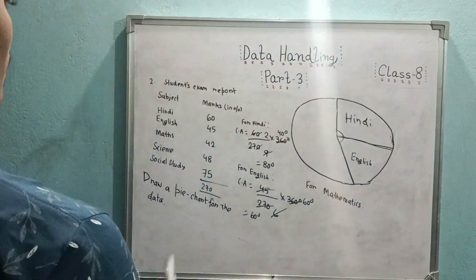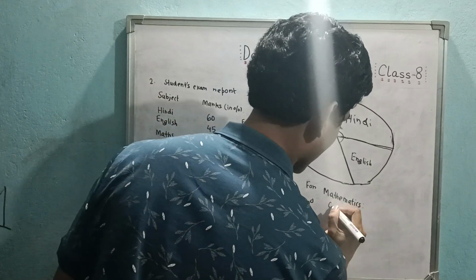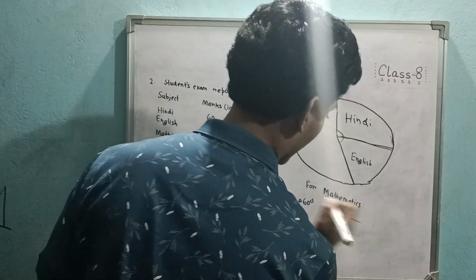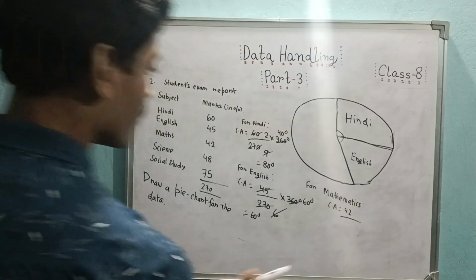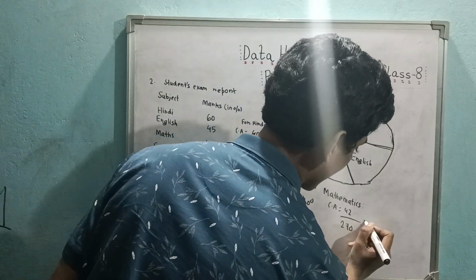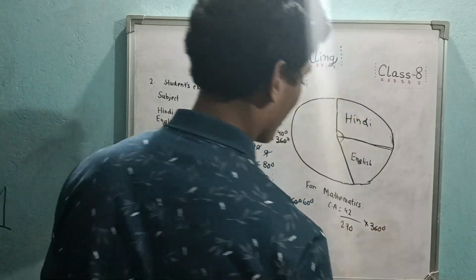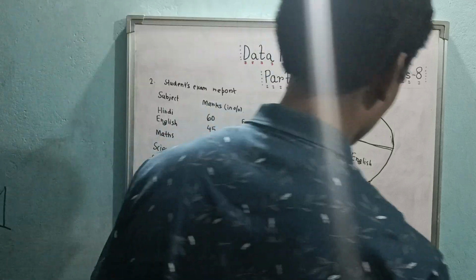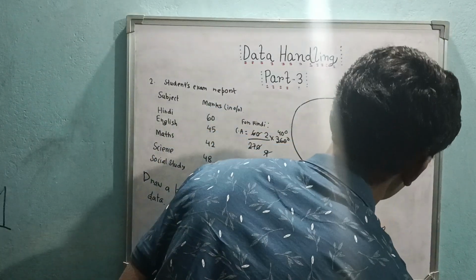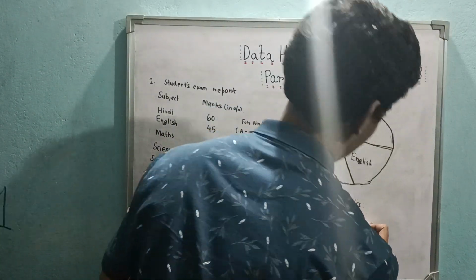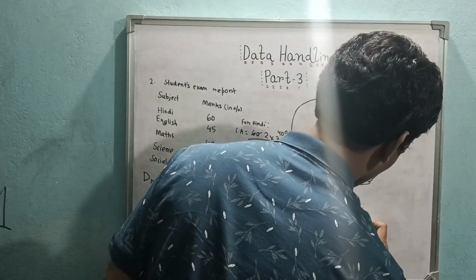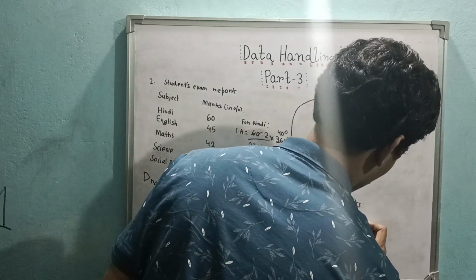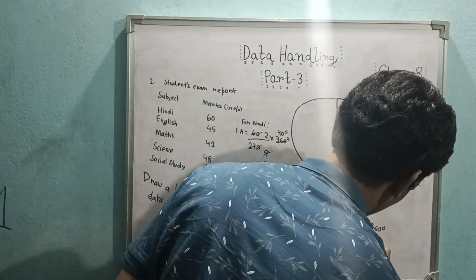For mathematics, the frequency is 42. Central angle is 42 by total frequency 270 multiplied by 360 degree. Some calculation is on your screen. Let's do it. By 3, 14 by 3, 90. By 2, 7 to 45.